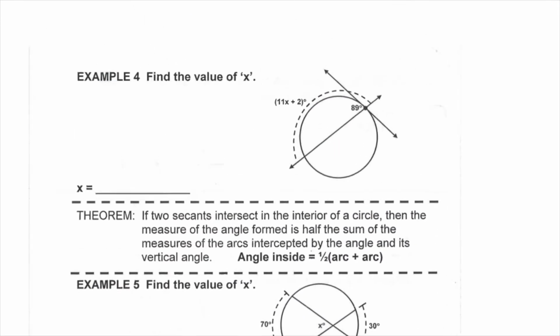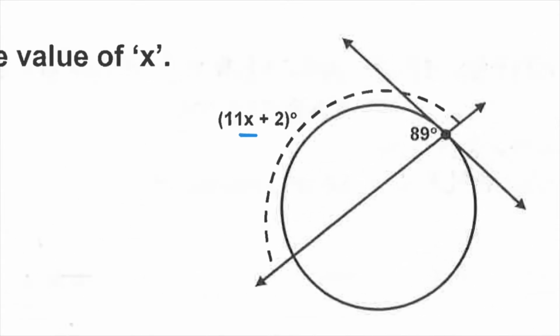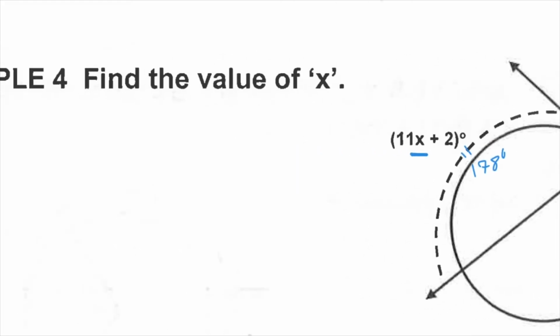So this problem is pretty similar to the last problem. It's given us an angle formed by a tangent and a secant, and then it's giving us an arc, but it gave us an expression instead. So you can use that here. If this angle right here is 89, then the arc is twice that, so it's 178 degrees. Now I know this expression equals 178, and I can solve for x.